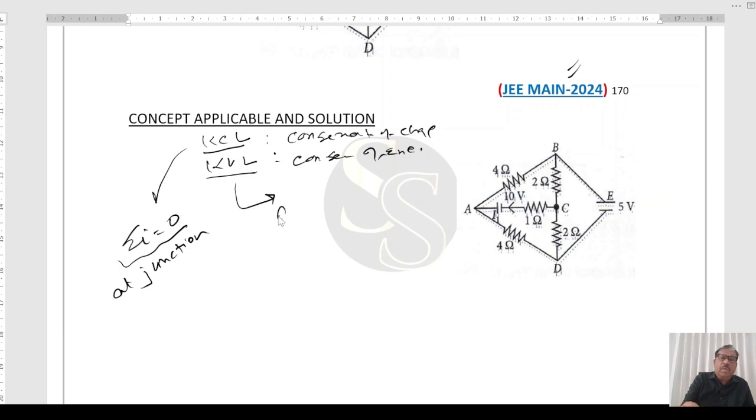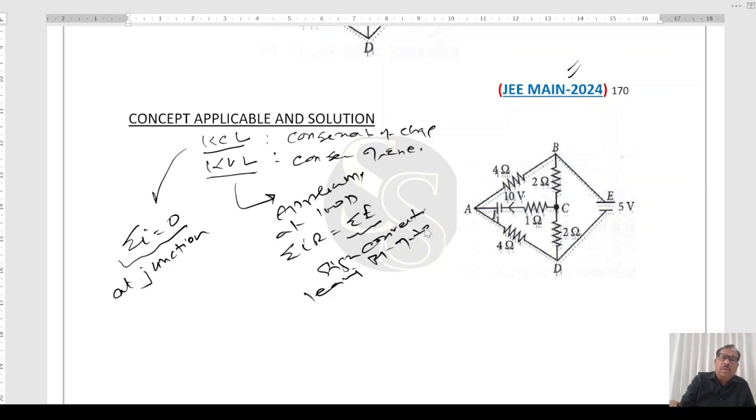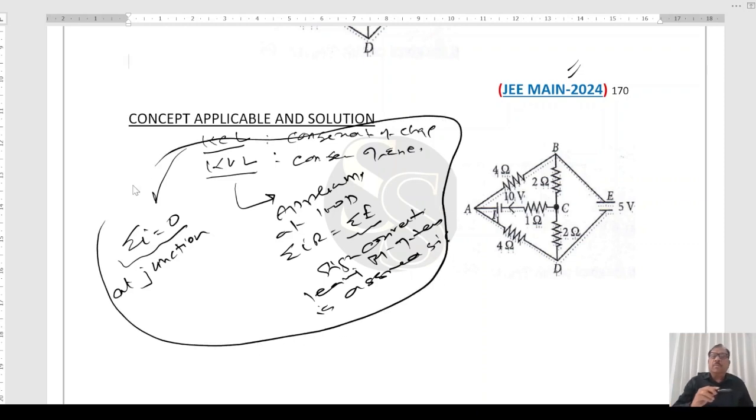KVL is applicable at a loop, and summation IR equals summation E, with a sign convention. These are the basics of KCL and KVL, right?